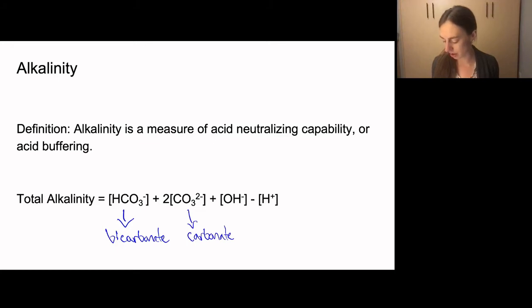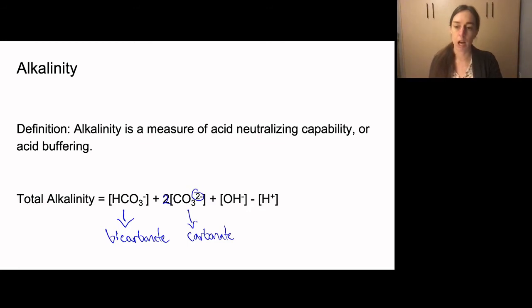I think I said hydrogen ions twice. And one thing I want to point out here is because carbonate is 2 minus, we need to double the concentration of our carbonate because it can accept 2 protons. So it has twice the acid neutralizing power relative to bicarbonate or OH.